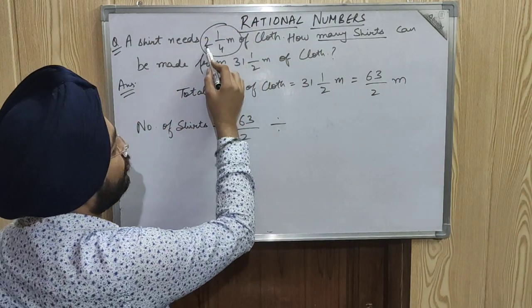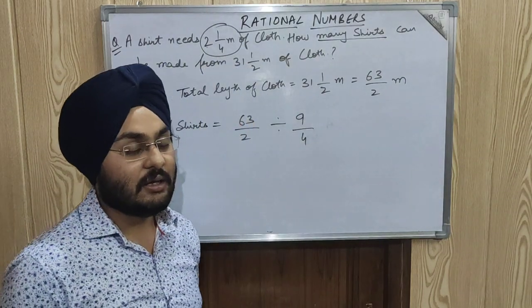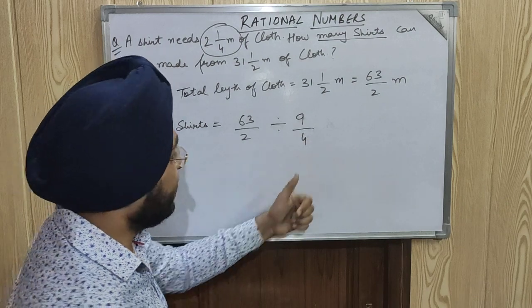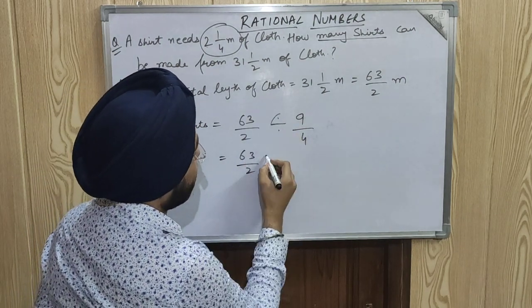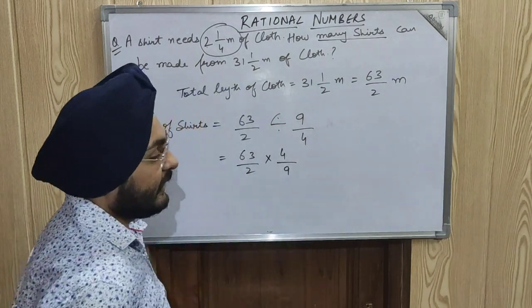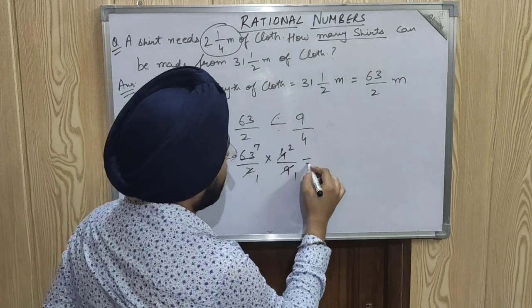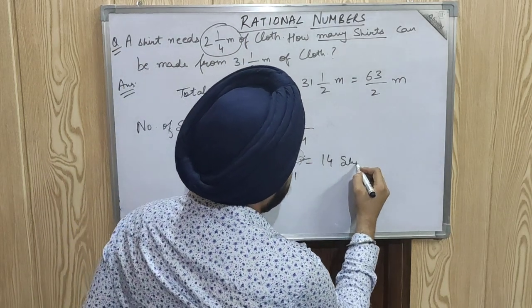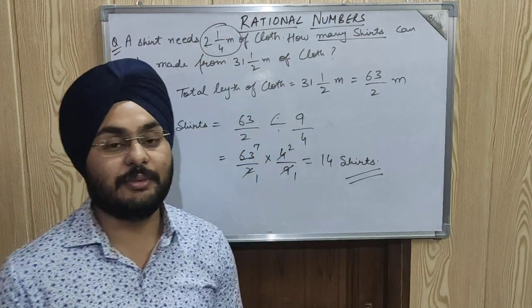Converting, 4 into 2, 8. 8 plus 1. That is what? 9 by 4. So we have to divide these two. So it's 63 by 2. Okay, so converting this divide sign into multiplication. What will we be getting? 4 by 9. On cancelling 9 1, 9 7. 2 1, 2 2. So 7 into 2 will be your 14 shirts. So this will be your answer. Coming to the next question.